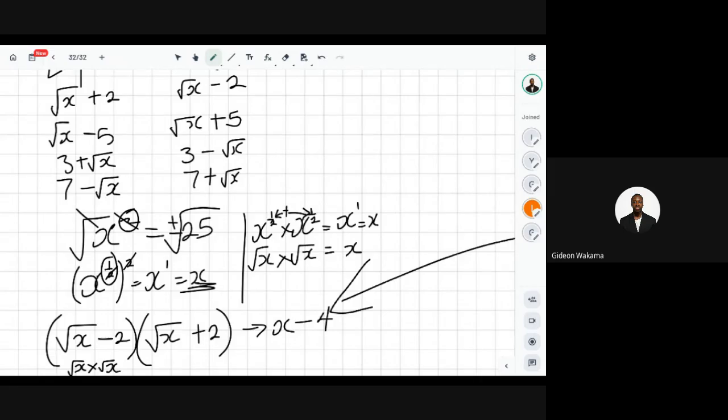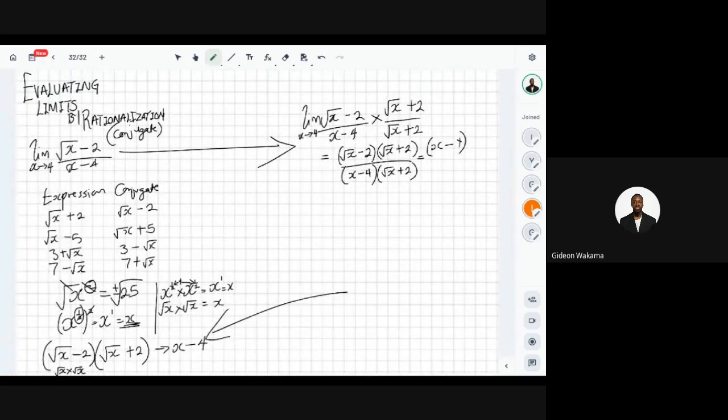So tell me which part, where I cut you off? Which side? From where we express the square root of x minus 2 multiplied by the square root of x plus 2, becoming x minus 4. Okay, we said square root of x minus 2 times the square root of x plus 2, the conjugate.